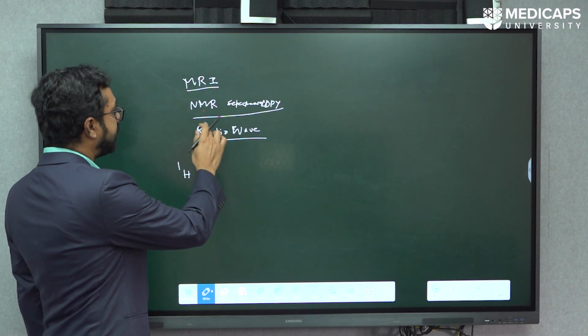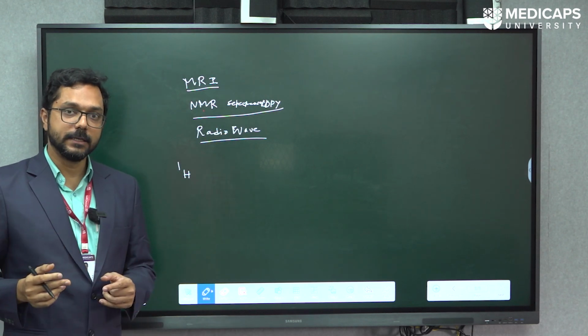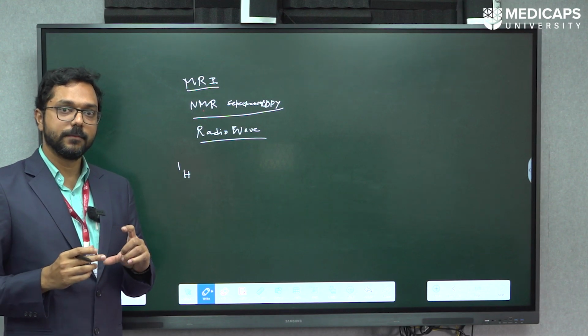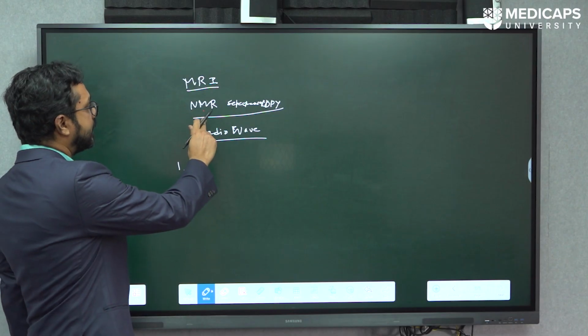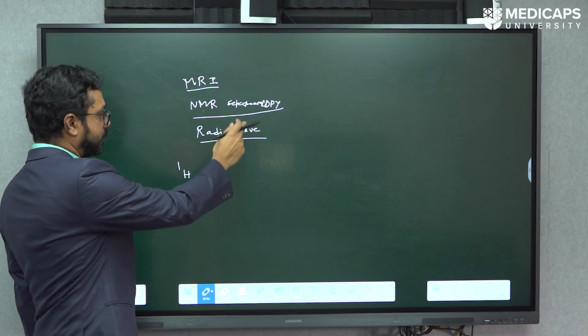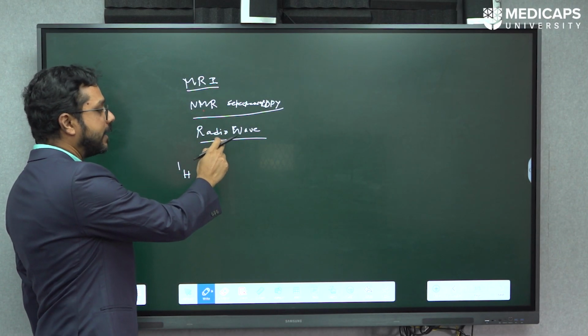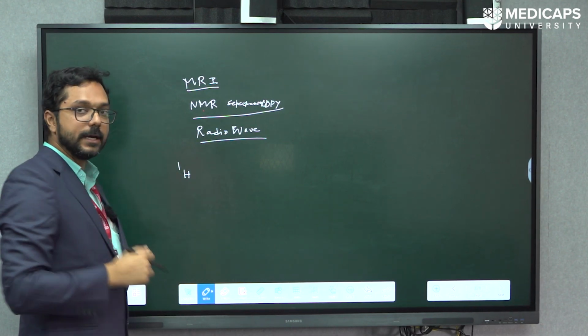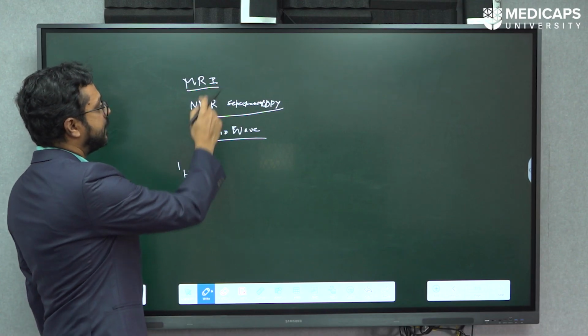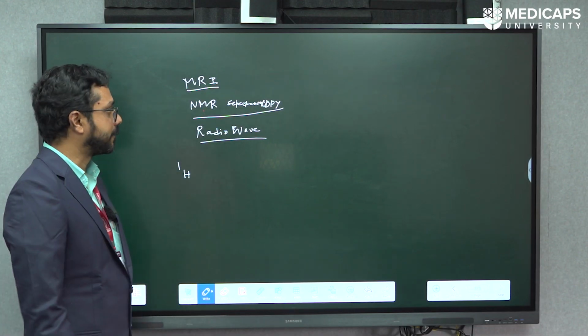So it is actually an interaction with the nucleus, not with the electrons of the molecules. So it is a different kind of spectroscopy where we deal with very long wavelength light, that is radio wave, with the nucleus. Its direct application is magnetic resonance imaging.